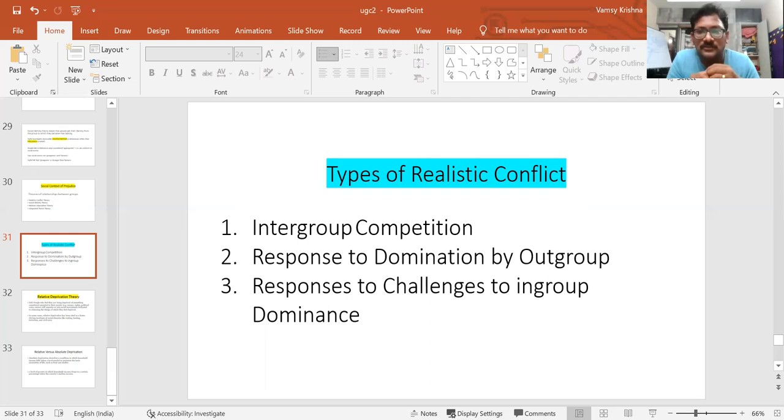So what about the third one? That is responses to challenges to in-group dominance. This is nothing but the in-group sees challenges as justified.